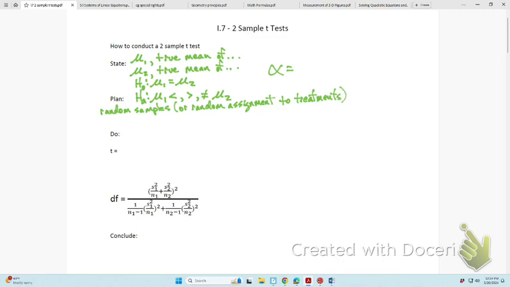This time we're not doing large counts. You know, when we had proportions, you had to make sure your sample was large enough in regards to the proportion. So you check this and you check the complement. And if those checked out, it was normal.